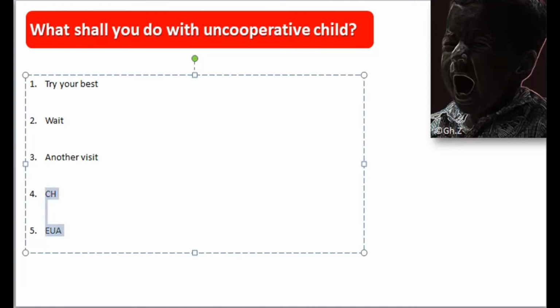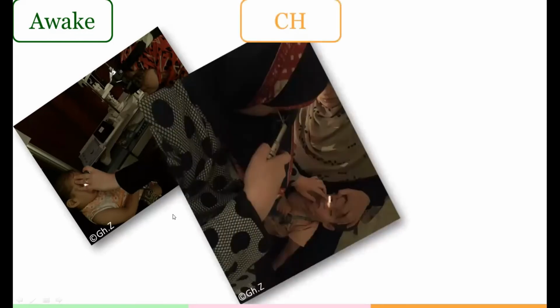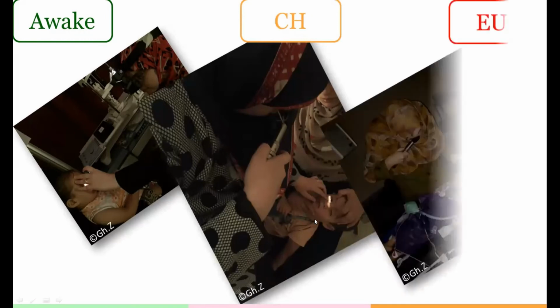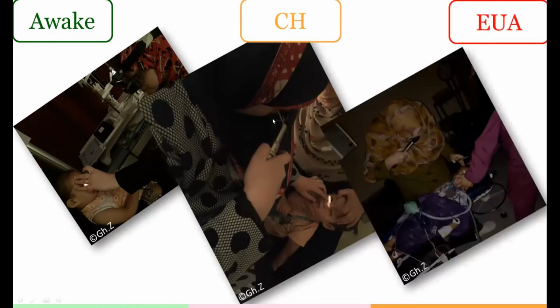All right. And this is an example from one of my colleagues. Sometimes the child is old and cooperative. You can examine while they are awake, or using chloral hydrate in this photo, or examination under general anesthesia.